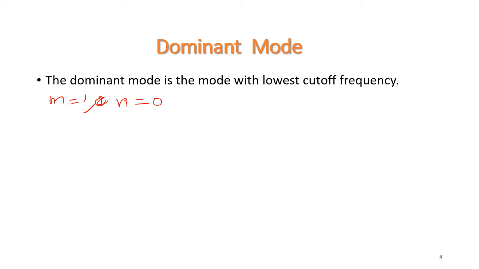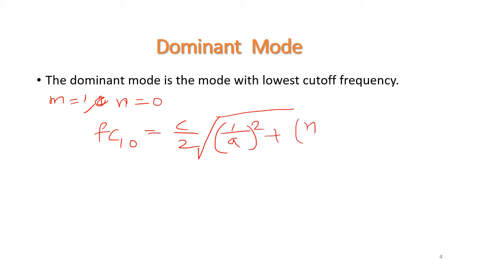Okay, we will find out for this condition, when m is equal to 1 and n is equal to 0. First we will write the formula: fc10, where m is 1 and n is 0, is equal to c by 2 times the square root of (1 by a)² plus (0 by b)².